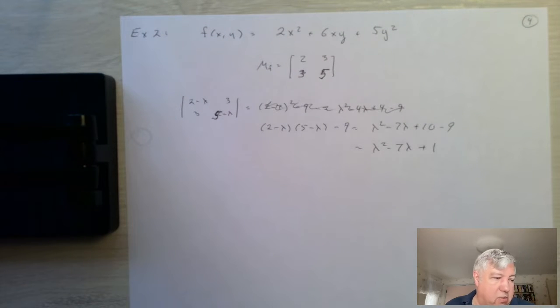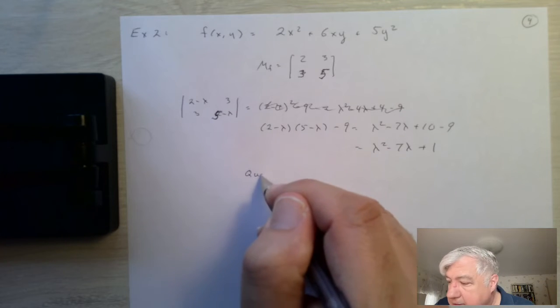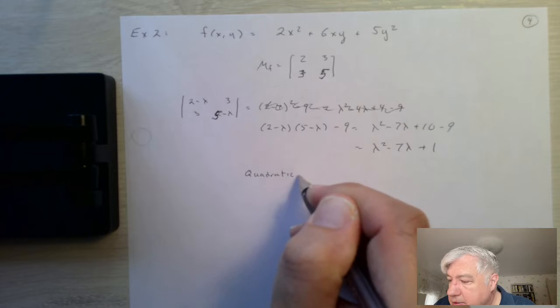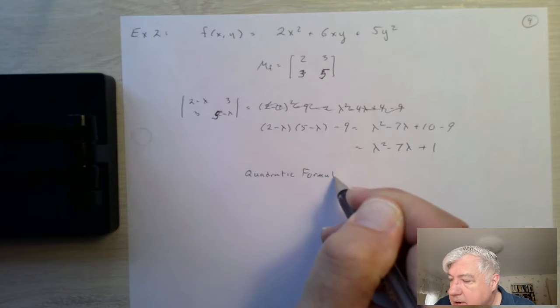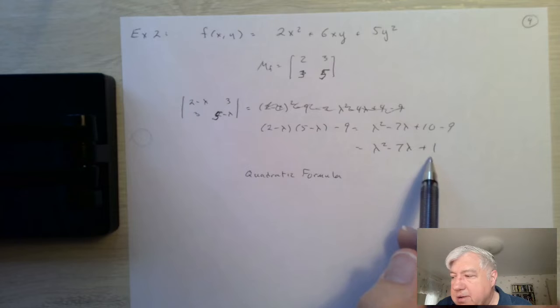And now here, this is not going to factor very nicely at all, so we have to use the quadratic formula, where A is 1, B is negative 7, and C is 1.